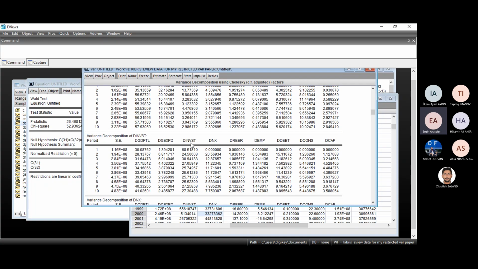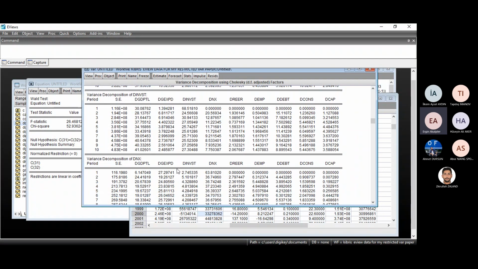Net export is affecting a little bit compared to the others. Public debt similarly affects investment because, compared to the others, it is high. Consumption similarly, and public capital also has some impact.